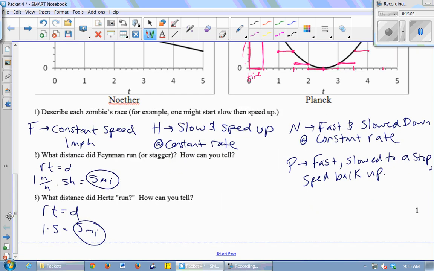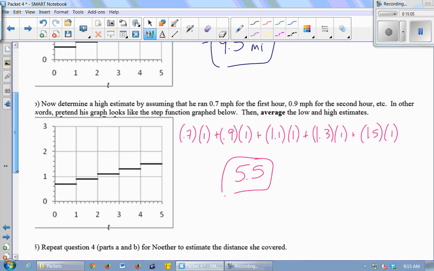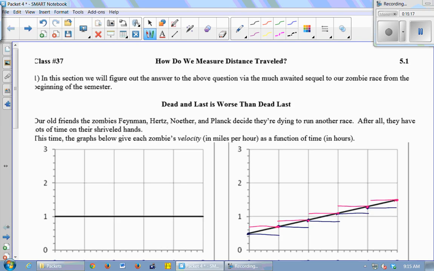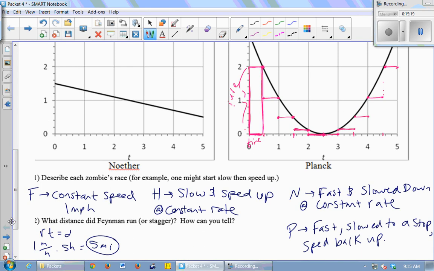So that can help me give a visual to keep track of what I'm doing. Okay, so for my underestimate, my distance traveled, I'm going to say rate times time, 2 times a half. Okay, and then let's look at the next rectangle. My next rectangle says that my rate is, let's say, 1.1, 1.1 times half an hour.